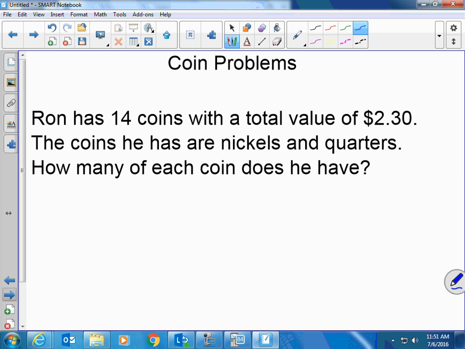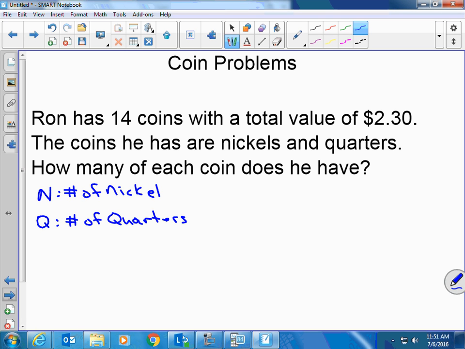I don't know. I'm going to use N for number of nickels because that's what I'm looking for. And I'm going to use Q to represent the number of quarters. Okay?